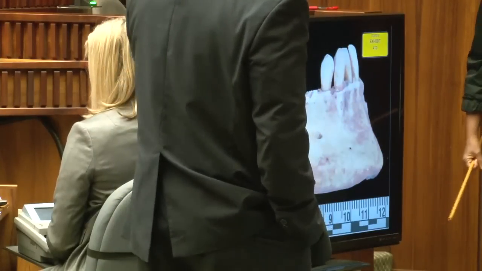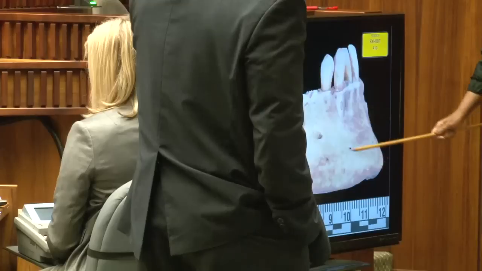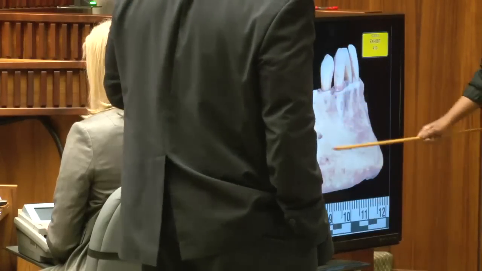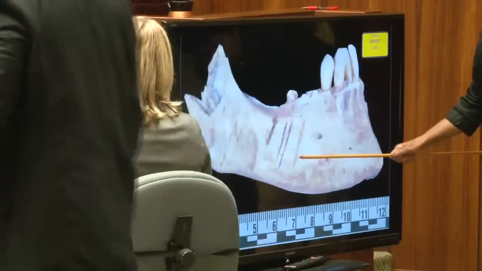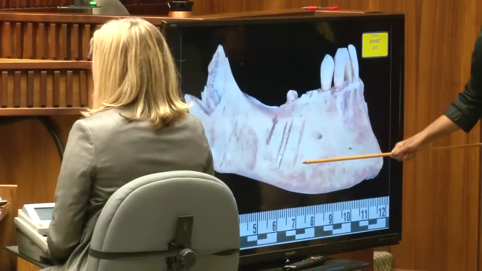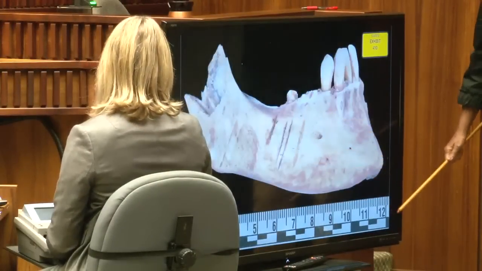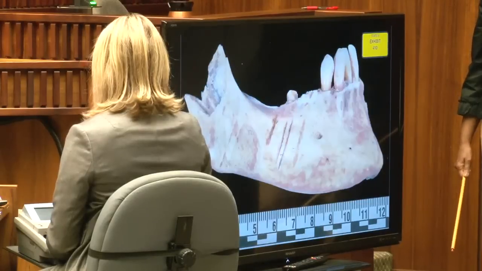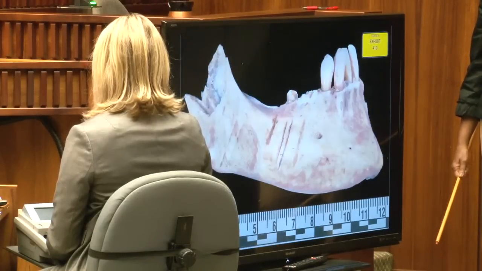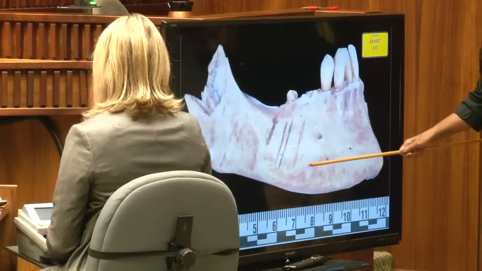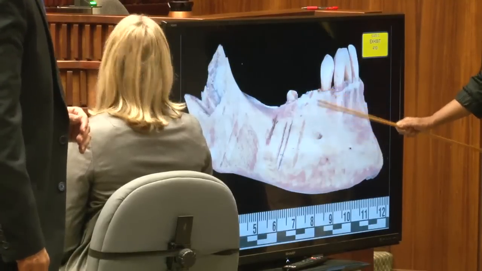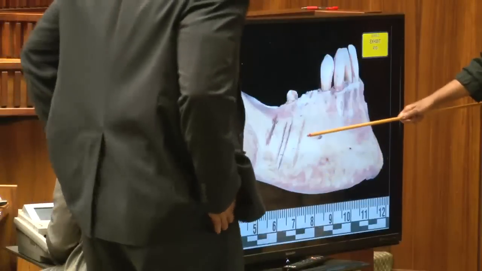Okay. And with respect to mark number 4, how is it that you're able to say that? Just from this photograph, or from the photograph as well as having examined the physical mandible itself? Because it appears to be a cut with a sharp edge.